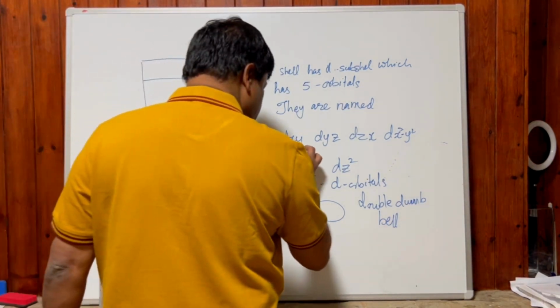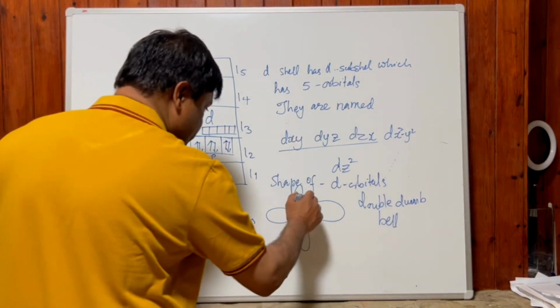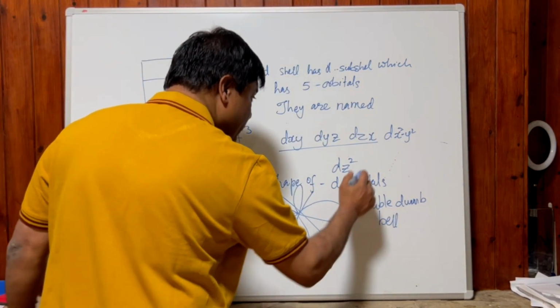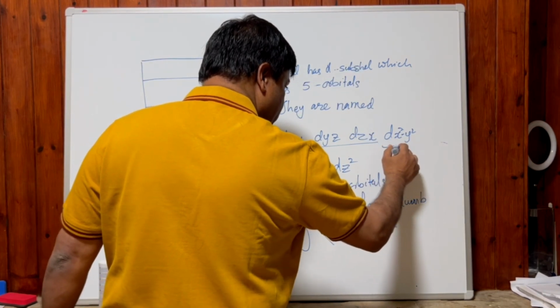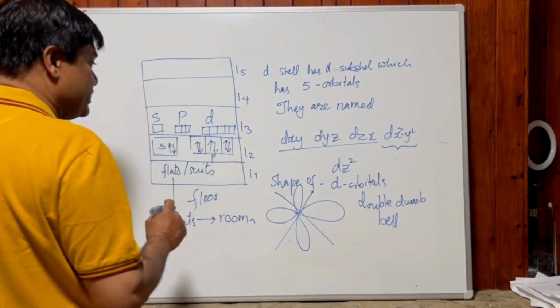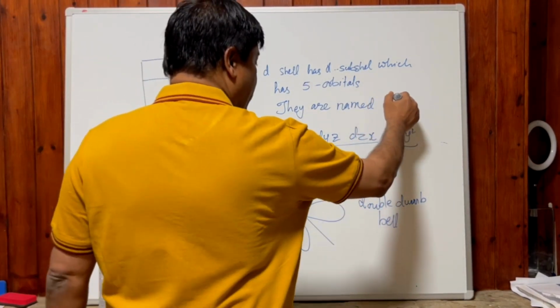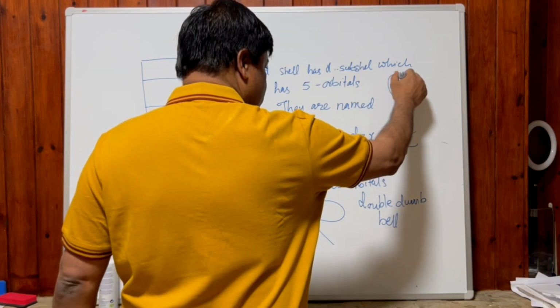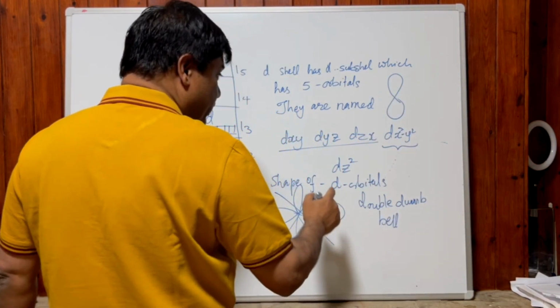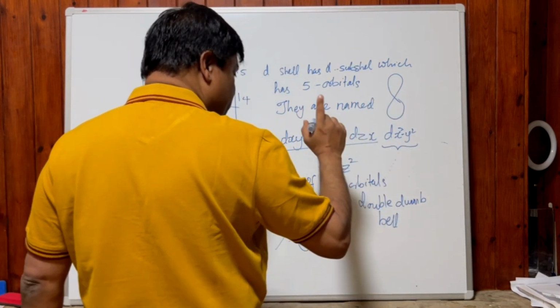These three, the lobes are in between the axes like this. And these two, the lobes are on the axis. And the dz square, look at how it looks. Actually it should be dx square minus dz square.